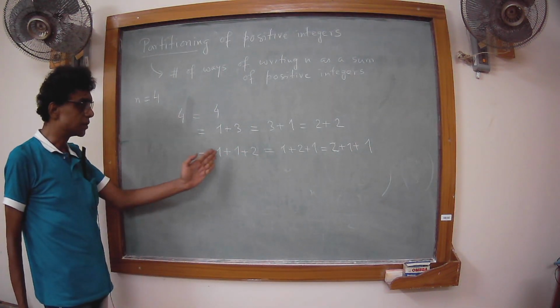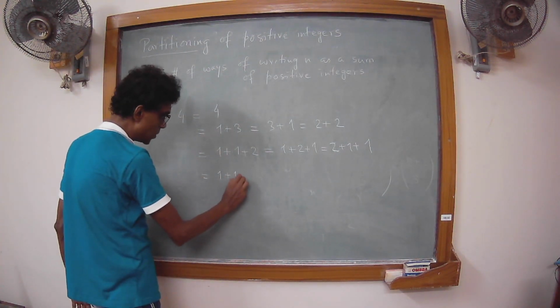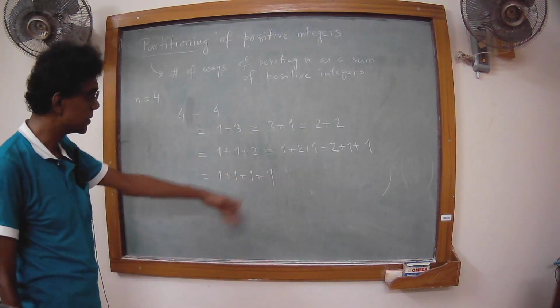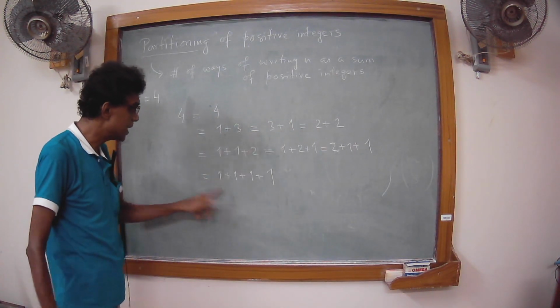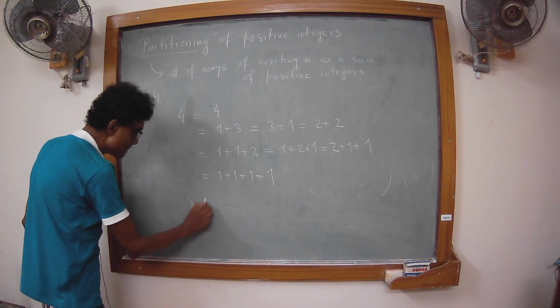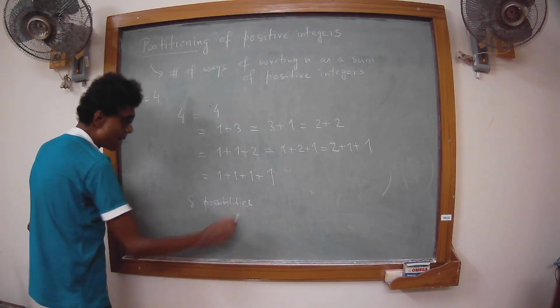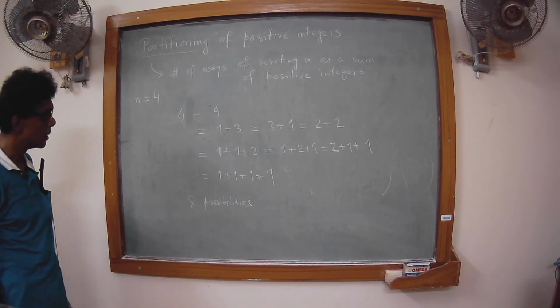So, 4 is written as a sum of 3 summands. Finally, there is 1 plus 1 plus 1 plus 1, 4 written as the sum of 4 summands. So, how many possibilities? 1, 2, 3, 4, 5, 6, 7, 8. Okay, I hope I am not missing anything. It looks fine.